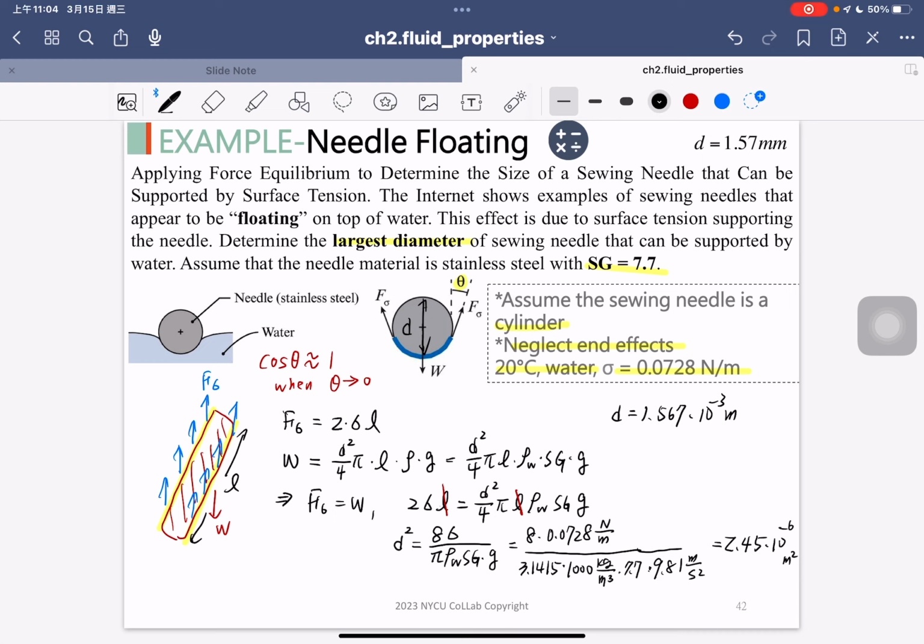Okay, and you can compare the units here. They are the same numbers because we change the meter to the millimeter, so the values are almost the same.